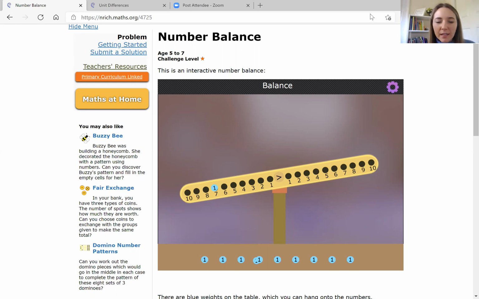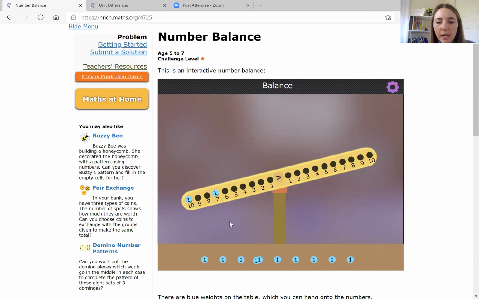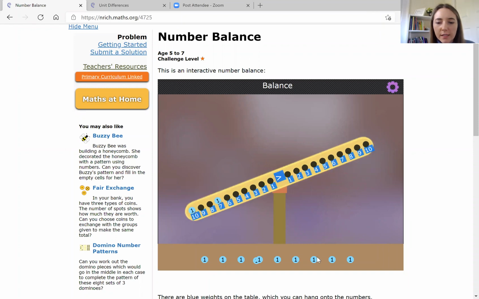If you are doing challenge 2, you're going to be investigating this statement. You can only make the weight balance if you use 2 weights on one side and 2 weights on the other side, okay? So your question to test is, it's only going to balance if you put 2 weights on this side and 2 weights on this side.